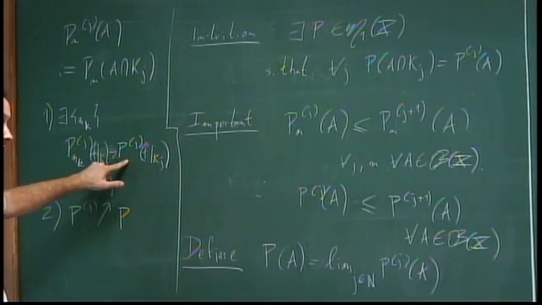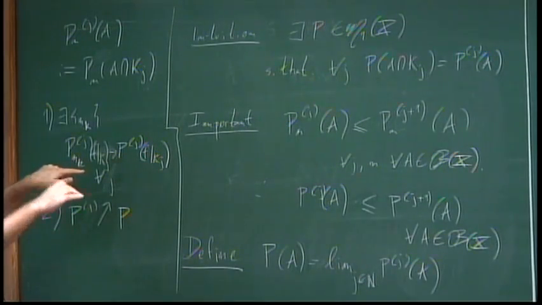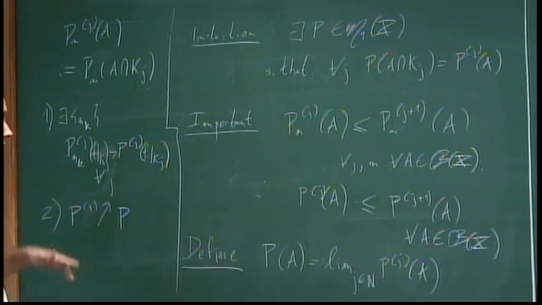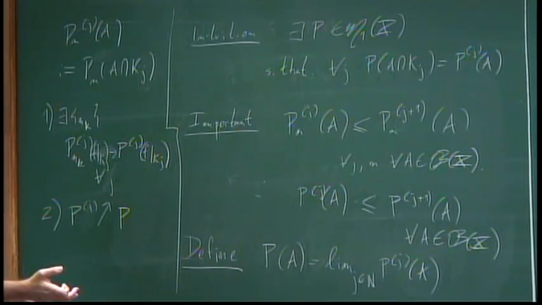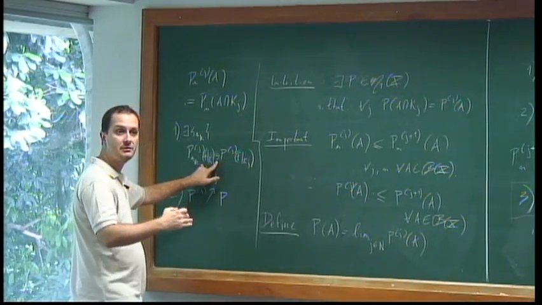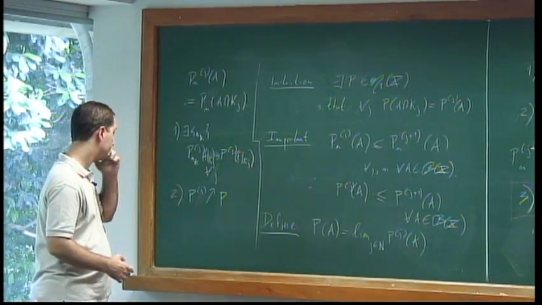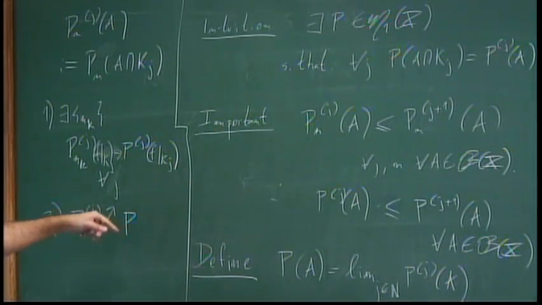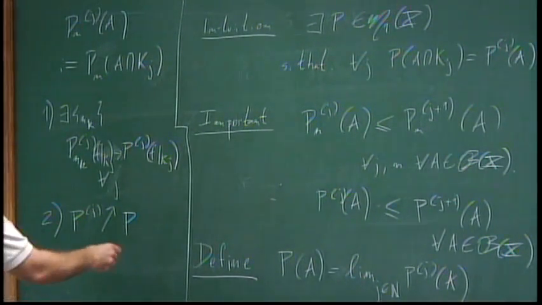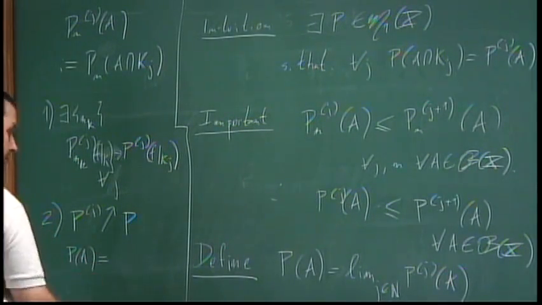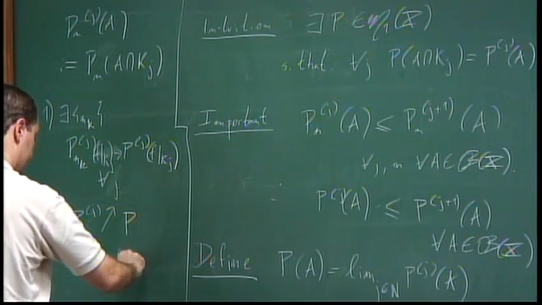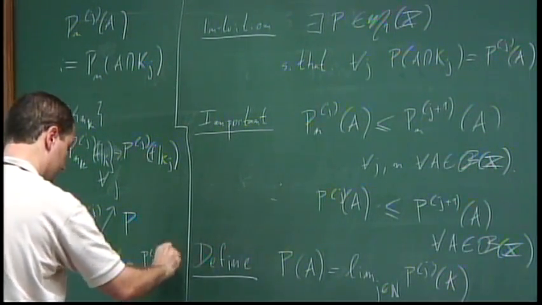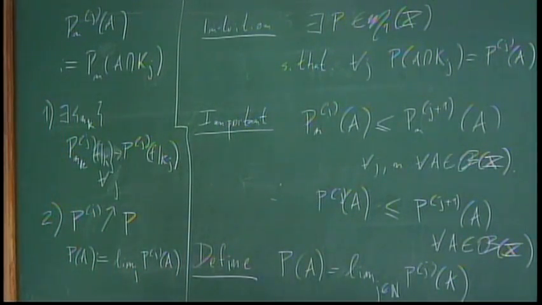This thing here followed from having a sequence of measures of total mass bounded by 1, and arguing that each of them had a subsequential limit. So we used the diagonal trick to extract a common subsequence for everybody. This increasing property that allowed us to define P is still valid. There's nothing that requires you to have a probability measure here, so you still have a measure that's defined by an increasing limit.